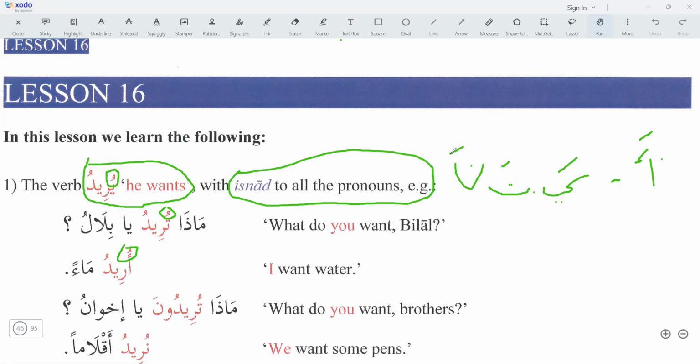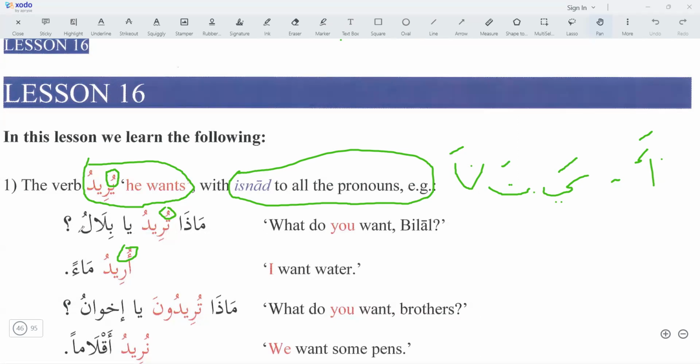Azhabu, I am going, takes the fatha. Nazhabu, we are going, takes the fatha. But when we learn with yuridu, it takes the dhamma. We will learn why it takes the dhamma.